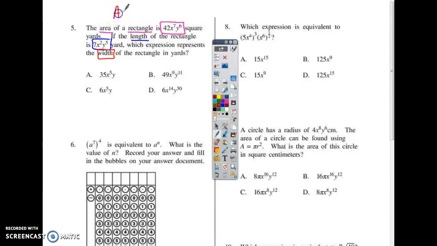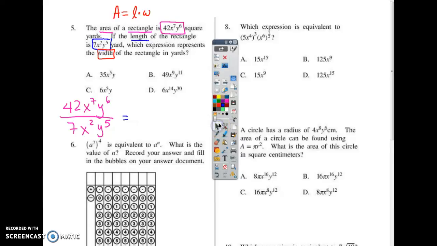How do you get the area of a rectangle? It's the length times the width, right? But they already gave you the area and one of the sides. So are you still going to multiply? You're going to do the opposite. You're going to divide. Okay, vas a dividir. So this 42x to the 7, y to the 6, divided by the length, which is 7x squared, y to the 5th. So work this problem out, and that will give you the answer. I'm not going to give you the answer. I'm just telling you how to do it.